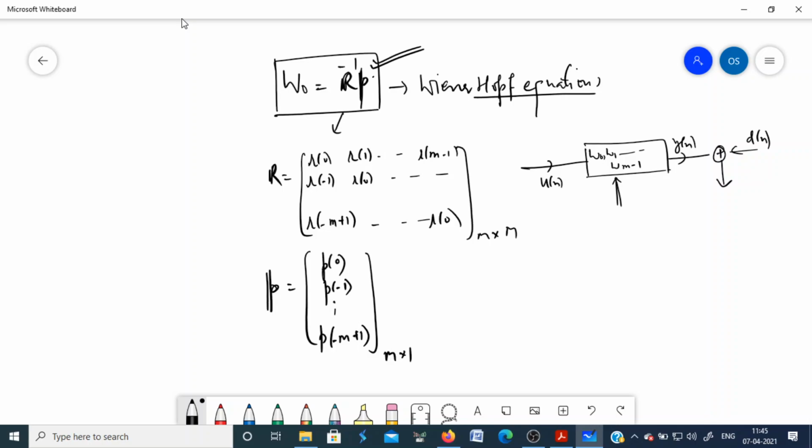So what you simply have to do is find the autocorrelation matrix of the input sequence, and then find the cross correlation between the input and the desired response, because both will be given to you. Based on those two, if you solve these equations, you will get the filter weights which provide the minimum mean square error. This is what the Wiener filter is.